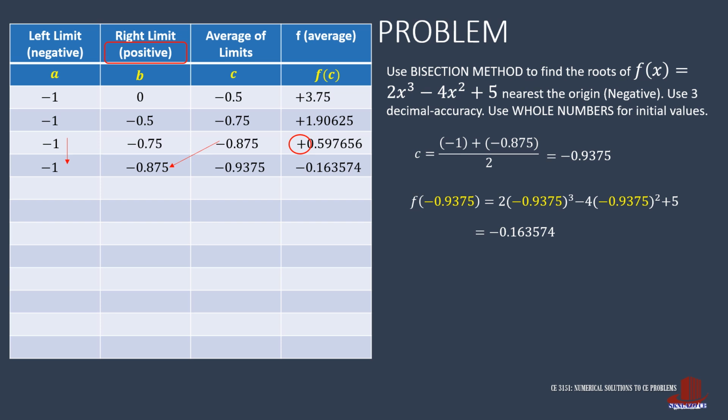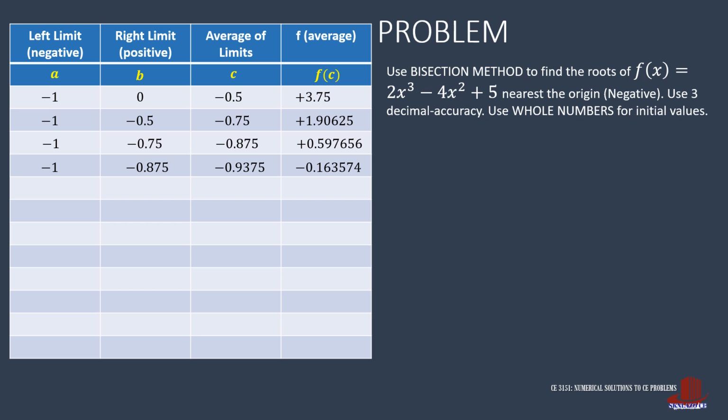This completes the fourth iteration, although f of c is still far from 0. Continue the iteration to the fifth row. The sign of f of c is negative. This means that c should replace the negative limit, which is the left limit, and the right limit would just be carried from the former value.